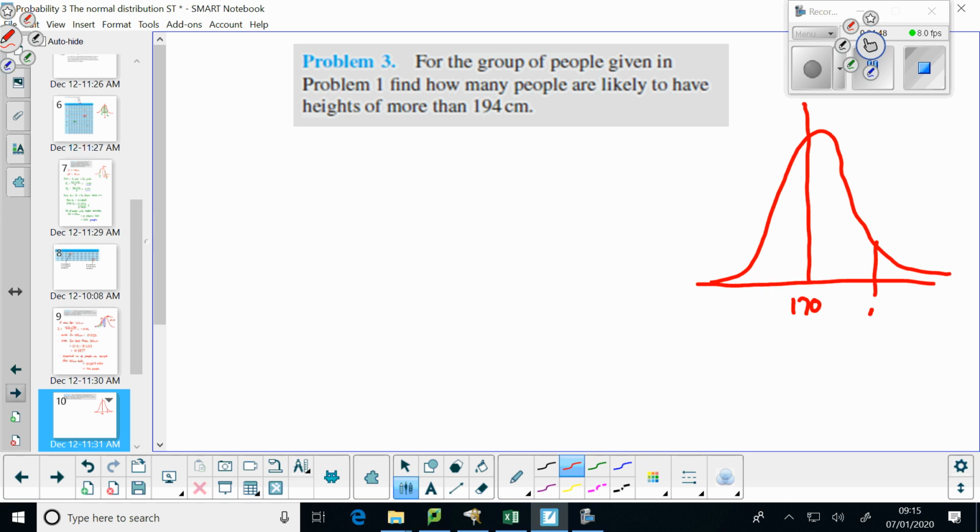We want to know how many here, 194. For this problem, Z is 194 minus 170 over 9. It's 2.67 standard deviations.